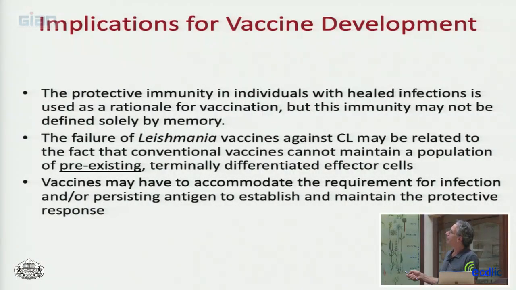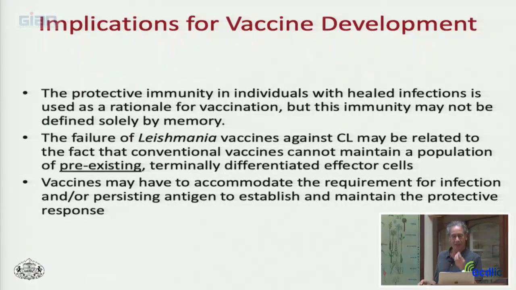So the protective immunity in individuals with healed infections is used as a rationale for vaccination, but this immunity may not be defined solely by memory. The failure of Leishmania vaccines against cutaneous leishmaniasis may be related to the fact that conventional vaccines cannot maintain a population of pre-existing terminally differentiated effector cells.